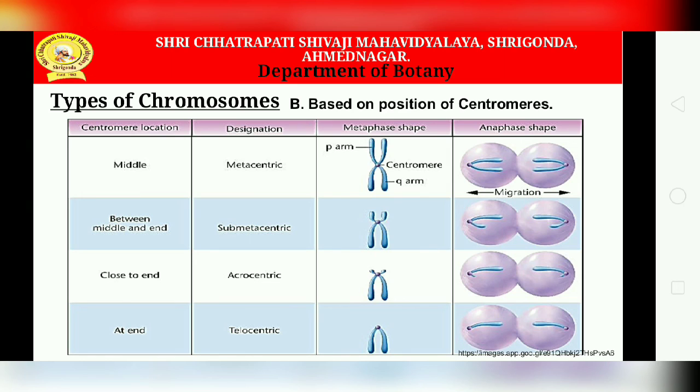These are L or J shaped chromosomes with the centromere slightly away from the midpoint, so that the two arms are unequal. Then the last is metacentric. These are V shaped chromosomes in which the centromere lies in the middle of the chromosome, so that the two arms are almost equal to each other.